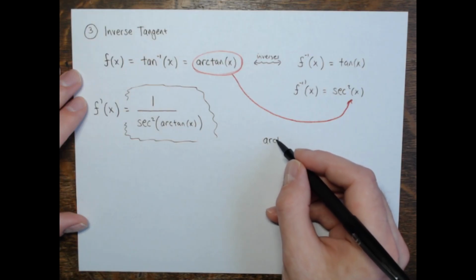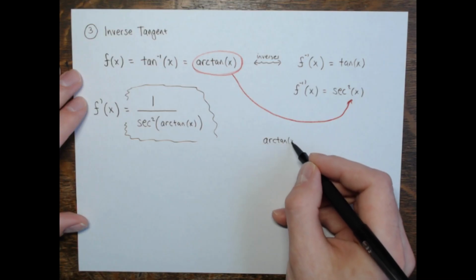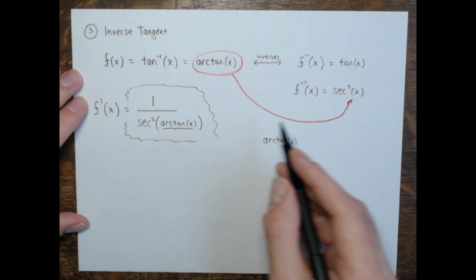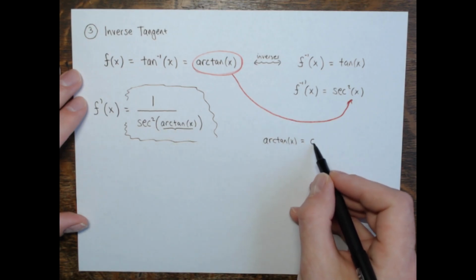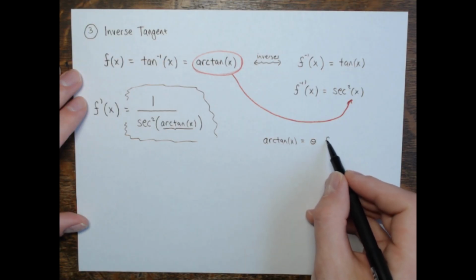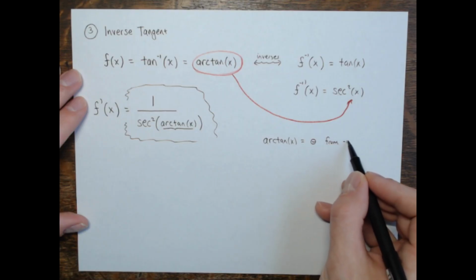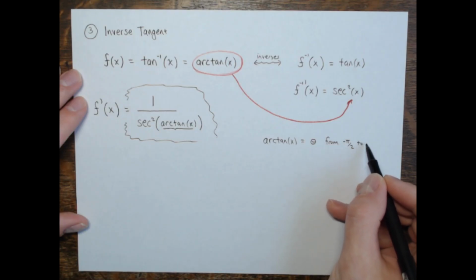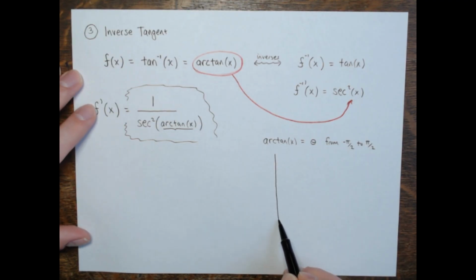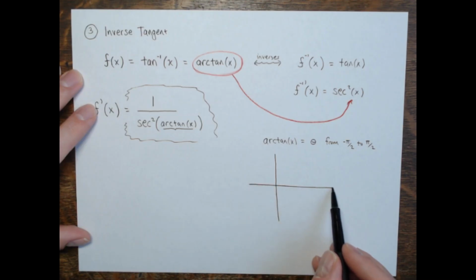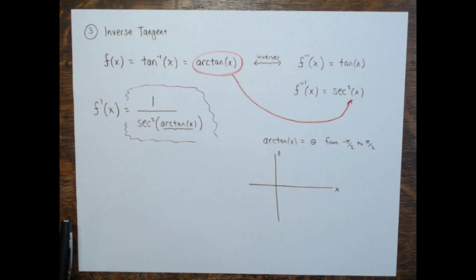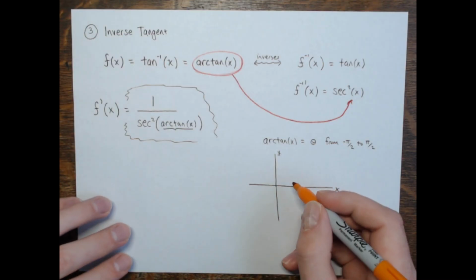The inverse tangent, this arctangent of x inside here, I'm going to call this theta again, right? This is an angle measure from negative pi over 2 to pi over 2, right? You saw in the graph. So it could be a quadrant 1 angle or a quadrant 4 angle when I go to draw it. So we'll look at both.